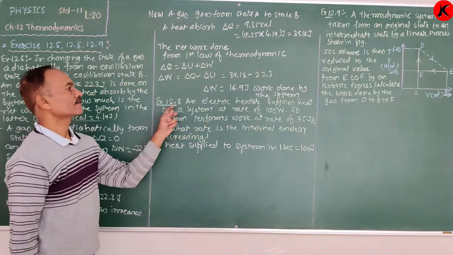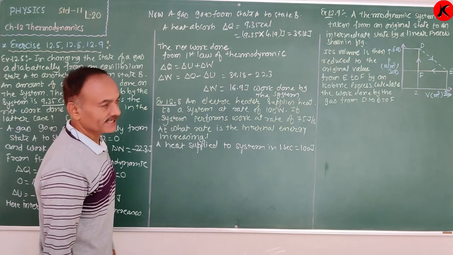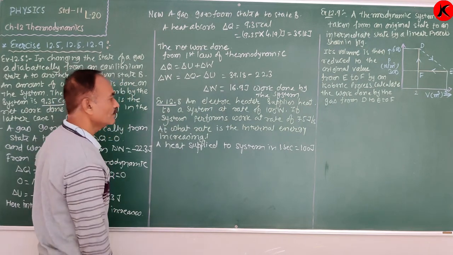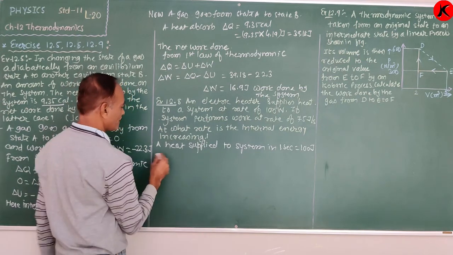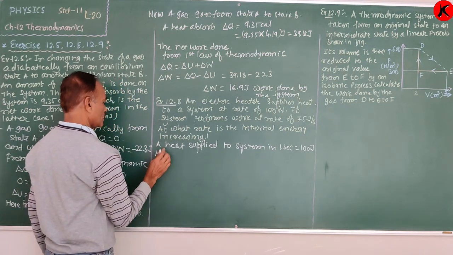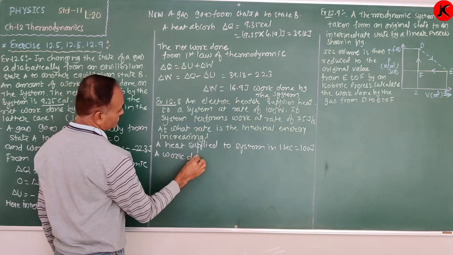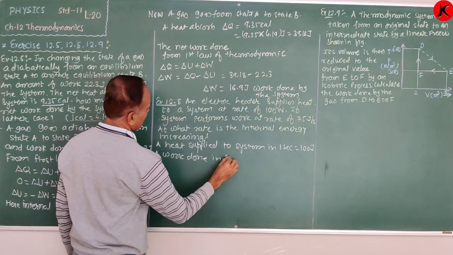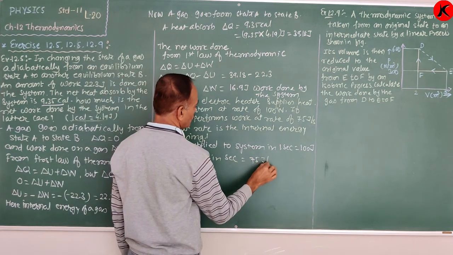Okay. Now, if the system performs the work at a rate of 75 joule per second, that means the work done in 1 second is equal to 75 joule.